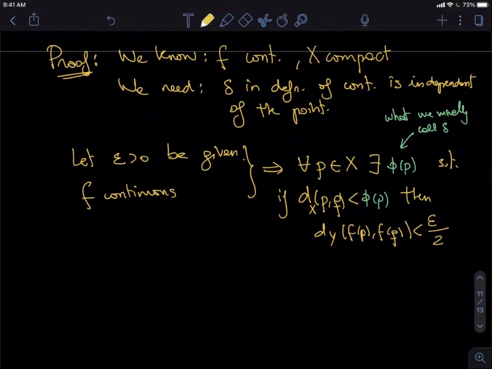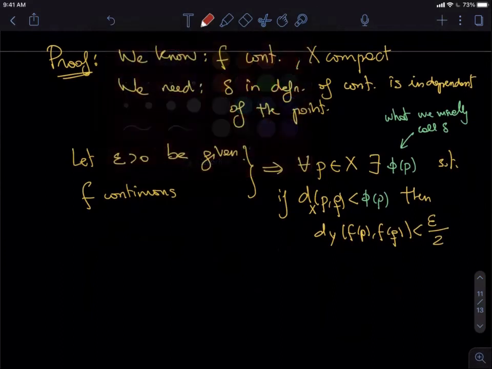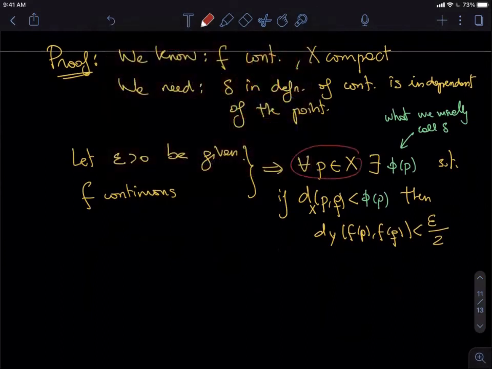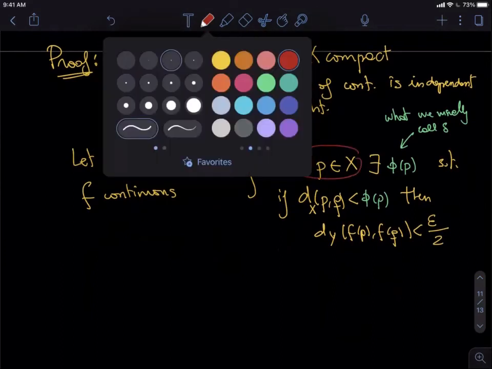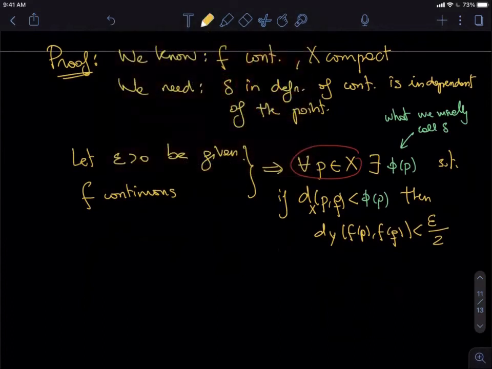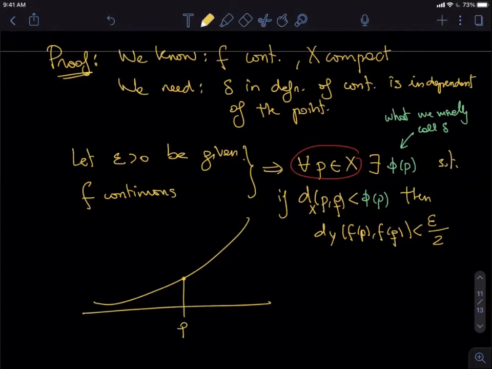So notice what happens here. This is for every point. Okay. So then if we have our function and we have our point P, it's the same picture we had before.